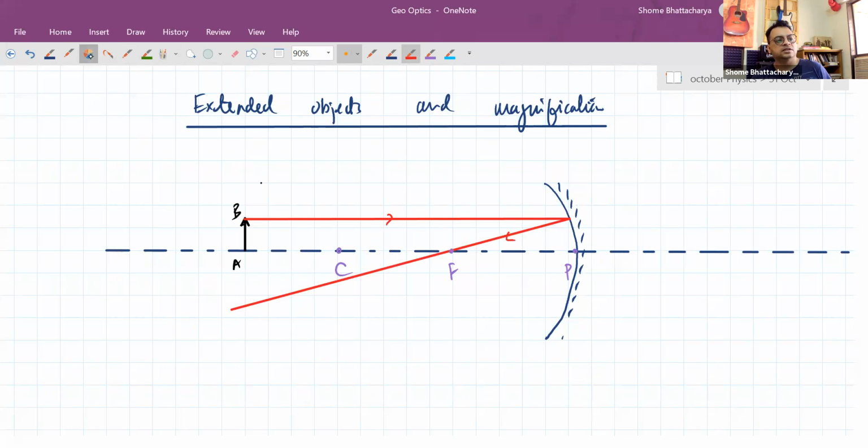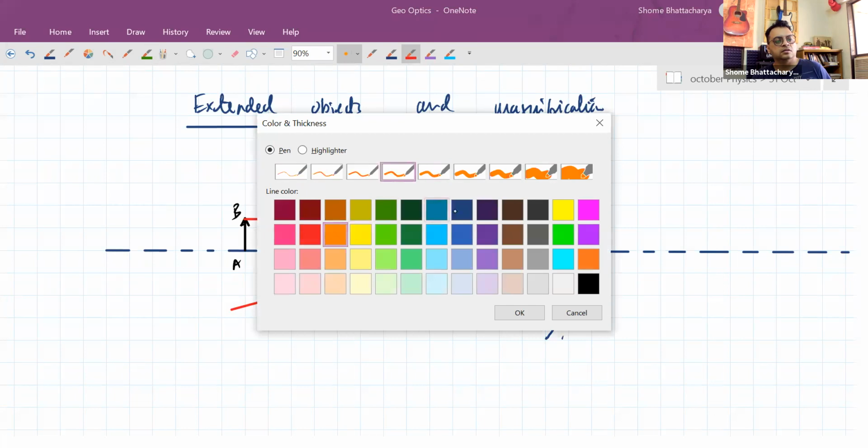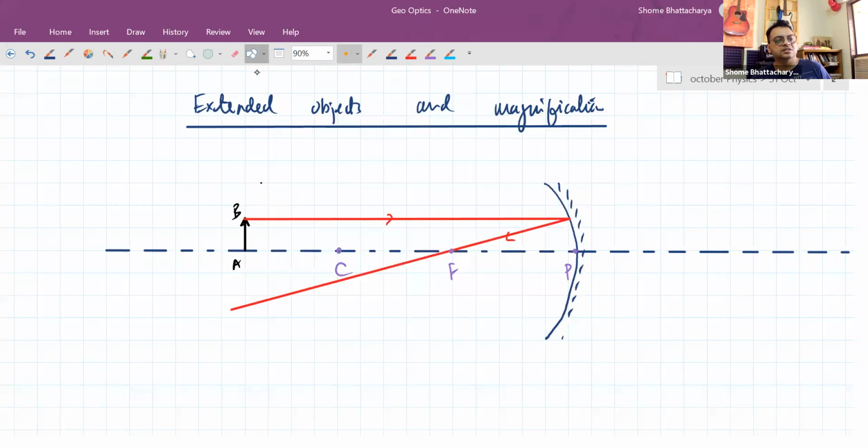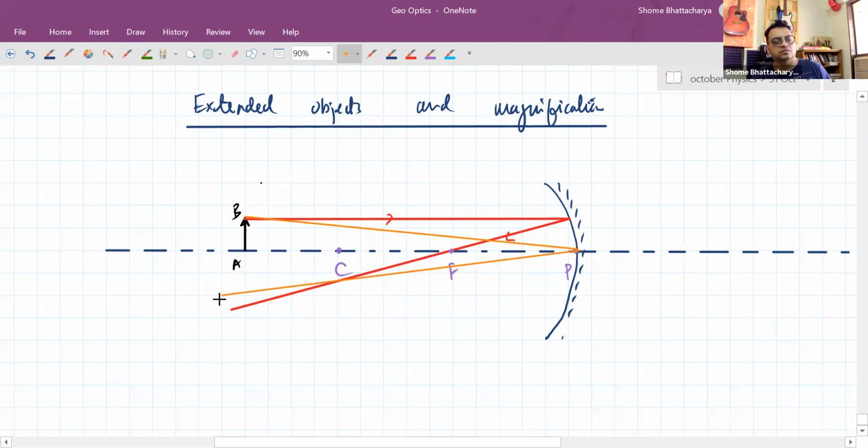And we can also understand that any ray, for example, incident at the pole, after deviation goes something like this, such that angle of incidence is equal to angle of reflection.